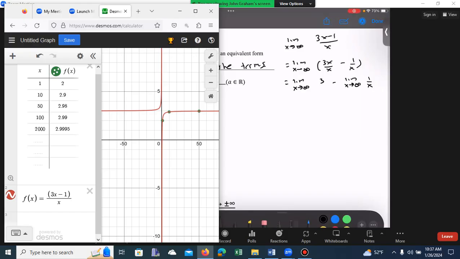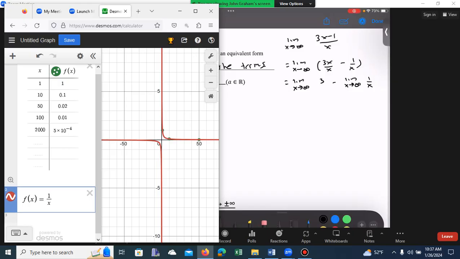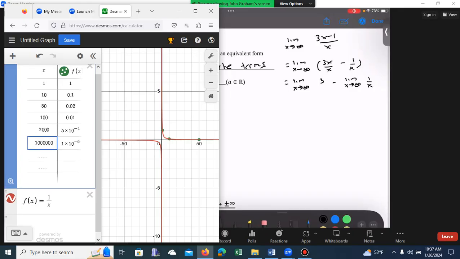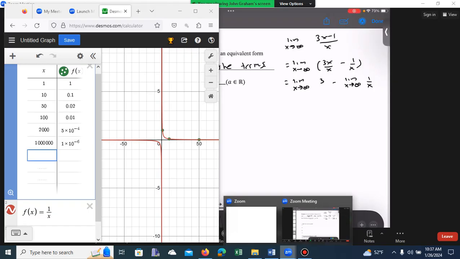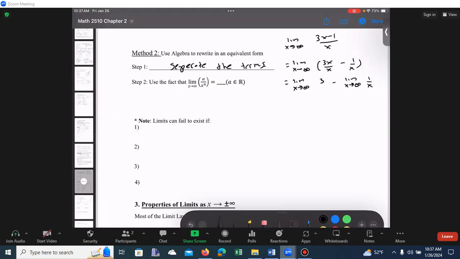Let's do 1 over x. As x gets bigger, the function gets smaller. Okay, so you put in, say, 1,000,000, then you get something really small. So the limit as x gets bigger in the denominator is that this is going to 0.